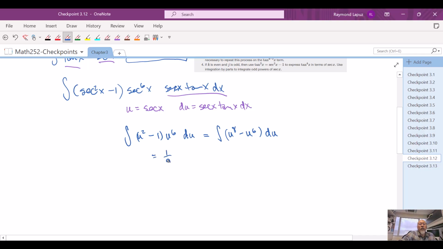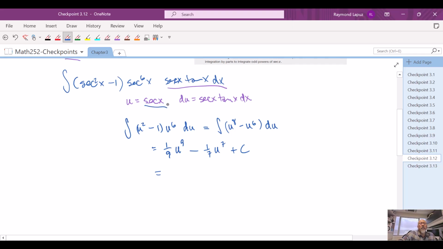We have 1/9 u to the 9th, that's a 9, and then we'll have minus 1/7 u to the 7th. And we'll just change everything back to whatever it was supposed to be. So we have 1/9 secant to the 9th of x minus 1/7 secant to the 7th of x, and throw in the plus c, and we are all good.